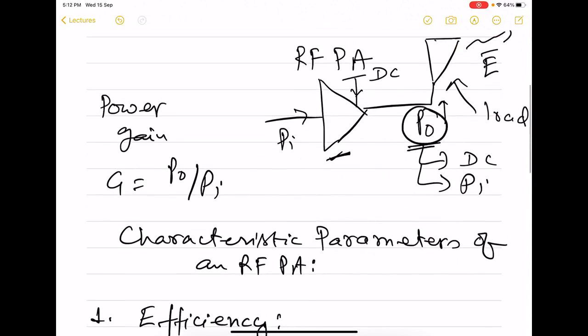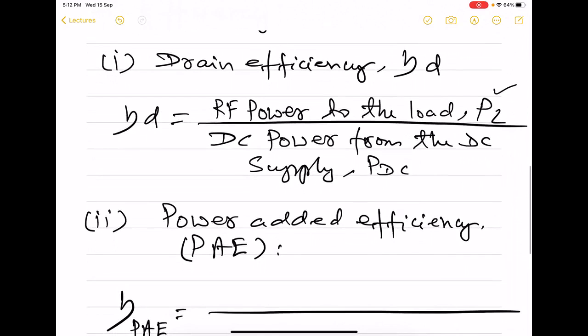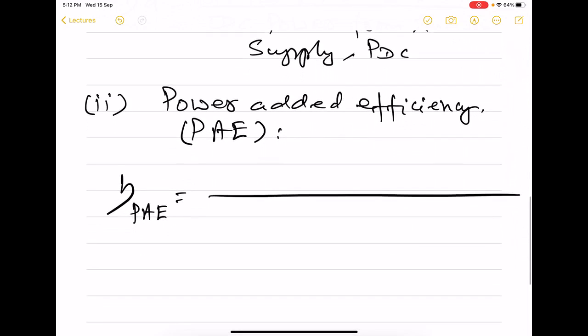So actually the amplifier's contribution is in terms of the DC power that it converts into RF output power, or power to the load. And PI is anyway the input to it, so it is not something that it adds, but it is being provided. So this second definition of efficiency says that you subtract this input power because this was not the creation of the amplifier.